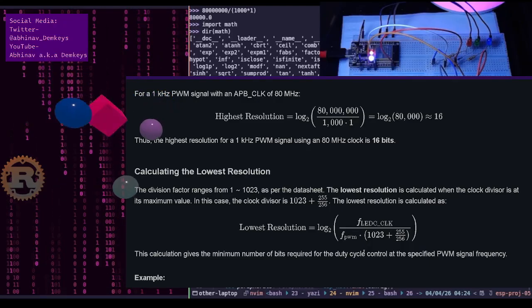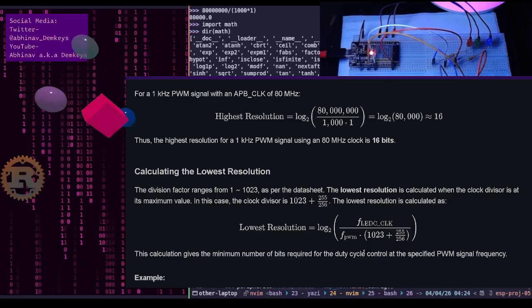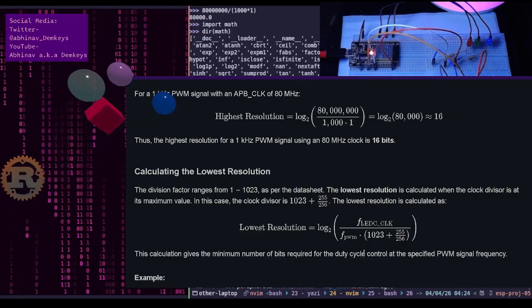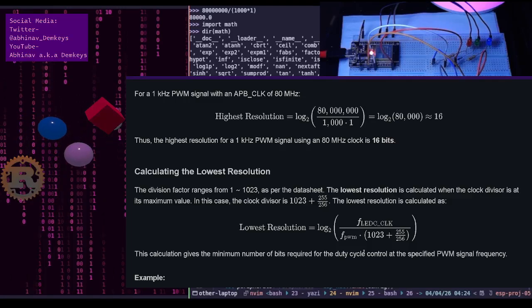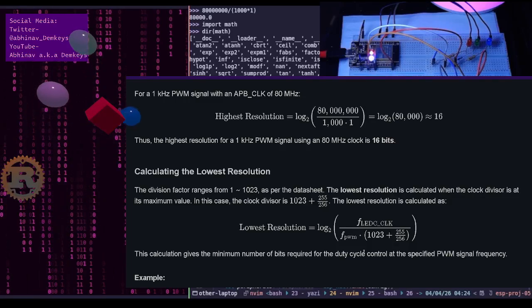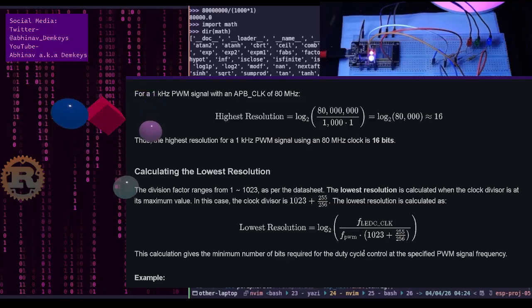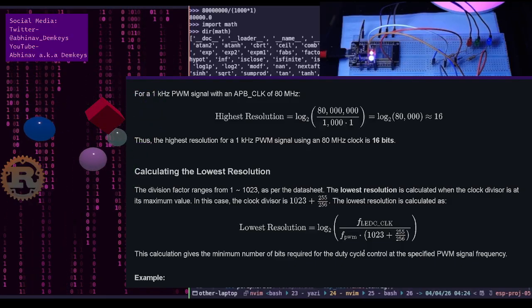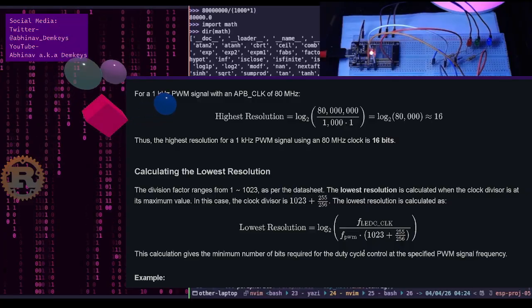Okay, this calculation gives the minimum number of bits required for duty cycle control. Yeah, I'm confused about how this is fitting in with that. I need to sit and think about this for some time.